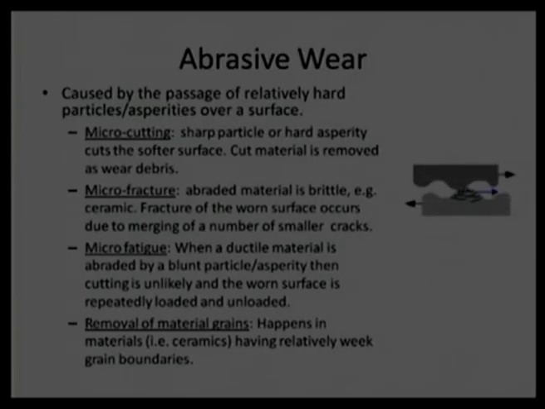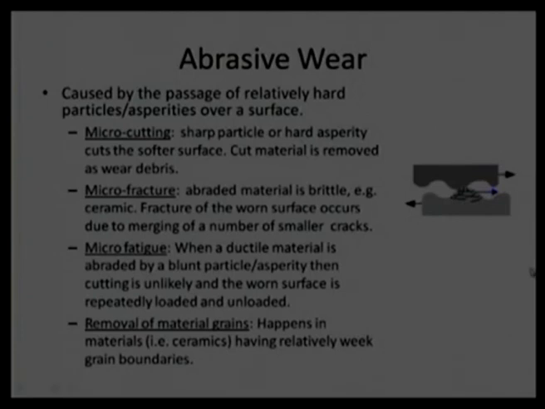Now, this is a typical example of micro fatigue. We say that two surfaces are moving relatively, maybe the top surface moves to the right-hand side and the lower surface moves to the left-hand side. That means there is a relative velocity. Now, the situation may be anything.